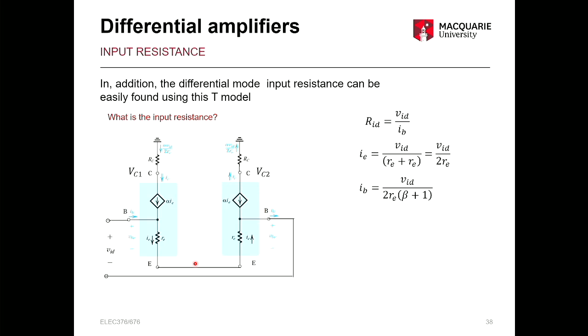Now we know, again, from our transistor expressions, IB equals IE over beta plus 1. So we can plug that in to get a value for IB.